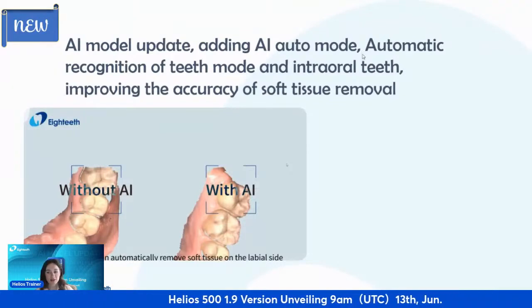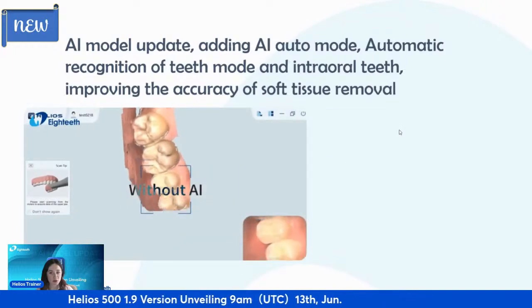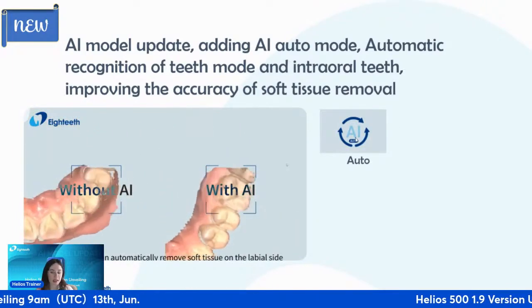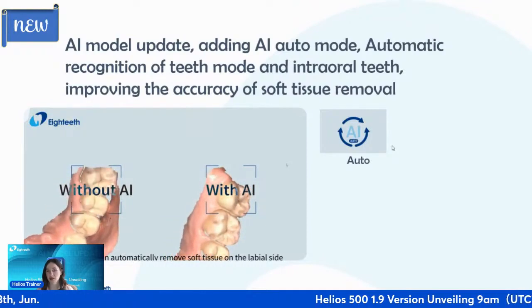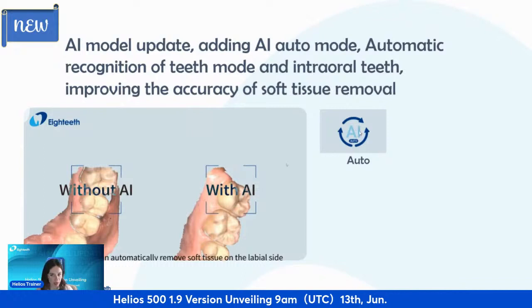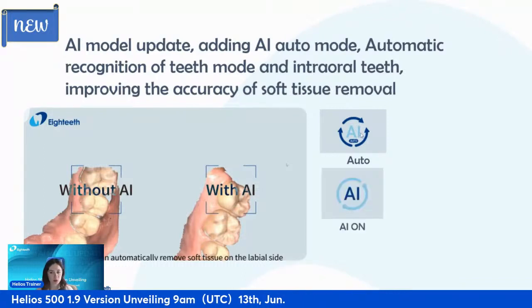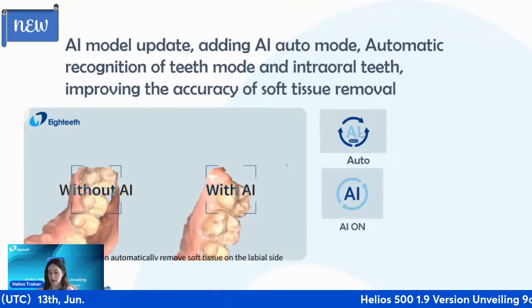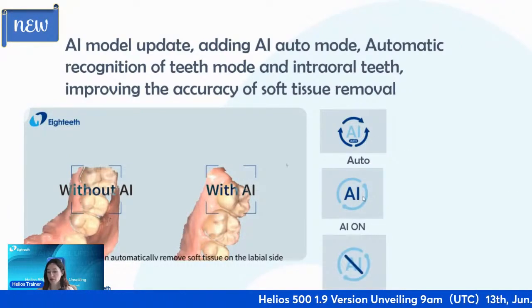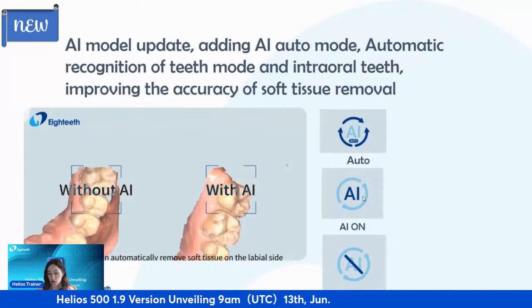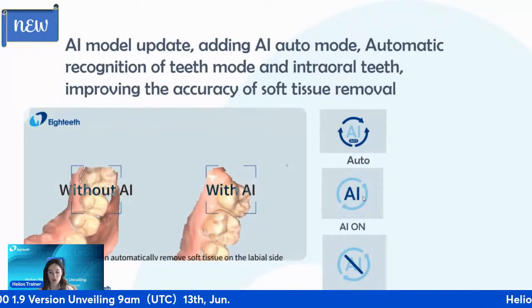In this software, you will be seeing a new artificial intelligence auto mode. It will automatically recognize soft tissue and the teeth. If you press one time on top of this tool, it will turn artificial intelligence on. When you press one more time, it will turn off. Please let me remind you in what cases we need to turn it on and off.